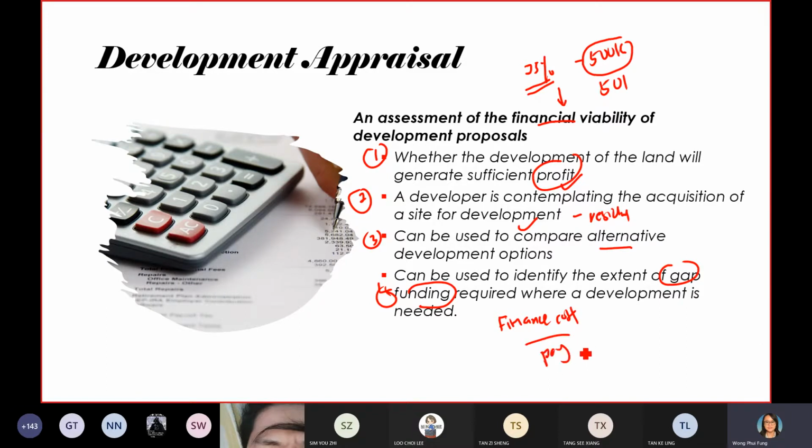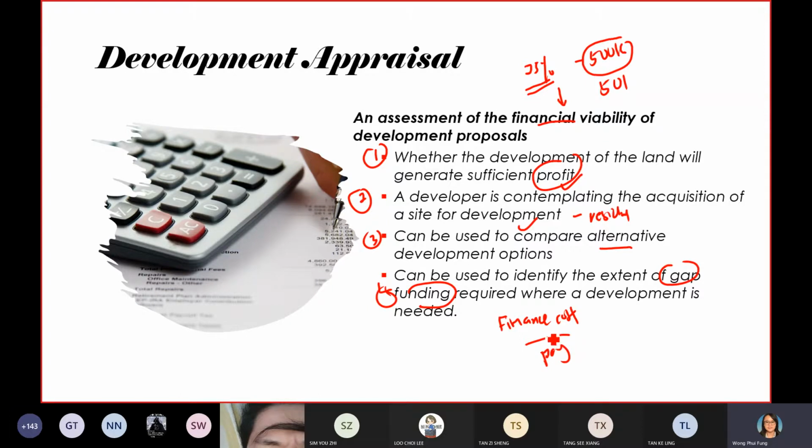Sometimes you have to know this interest earlier so that you know whether the company has sufficient money to pay the funding cost or not. So that is also one of the purposes of preparing the development appraisal: to know the funding cost needed, and how much bank assistance you need to fund this project.